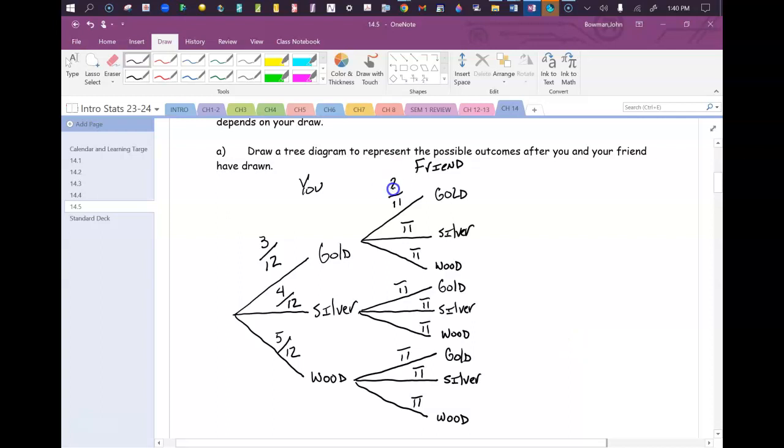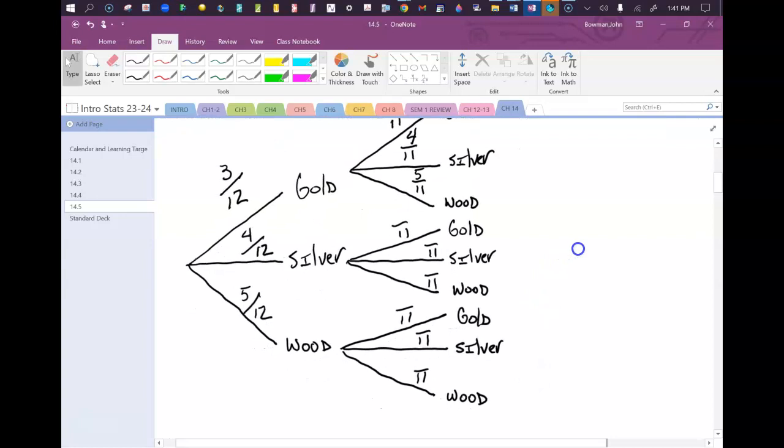Well, there would be 2 gold left out of 11. Given that you've drawn gold, what's the probability that your friend draws silver? There would be 4 silver still left out of 11. Or given that you've drawn gold, what is the probability that your friend draws wood? There are 5 left out of the 11.